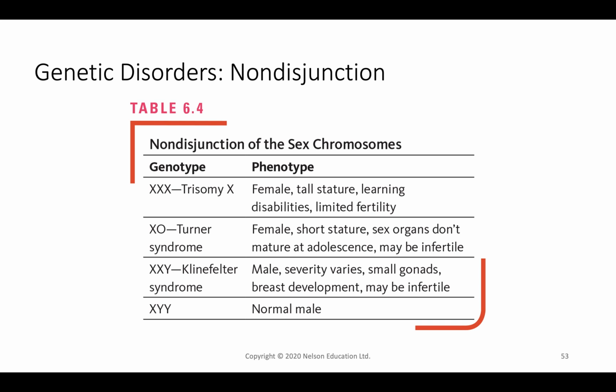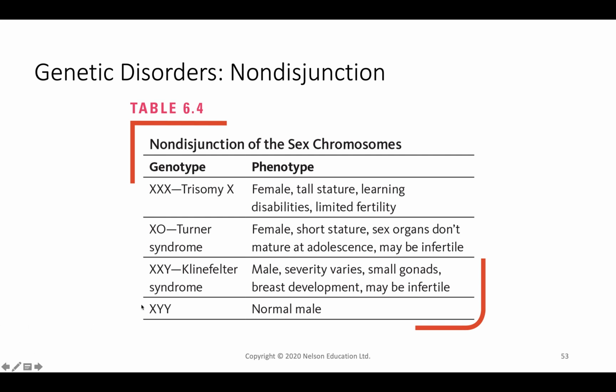And then also here we have XYY. So 2 Ys seems to be pretty well tolerated. Why is that though? Because Y only starts the male differentiation and development cascade. It's really only needed during embryogenesis. So it's turned on during embryogenesis and then it's shut down basically, not really utilized again, except during meiosis or making sperm. So this is really going to be fairly well tolerated.